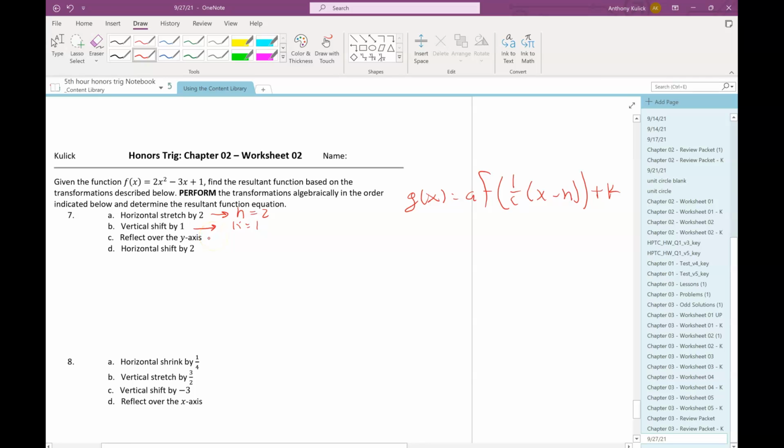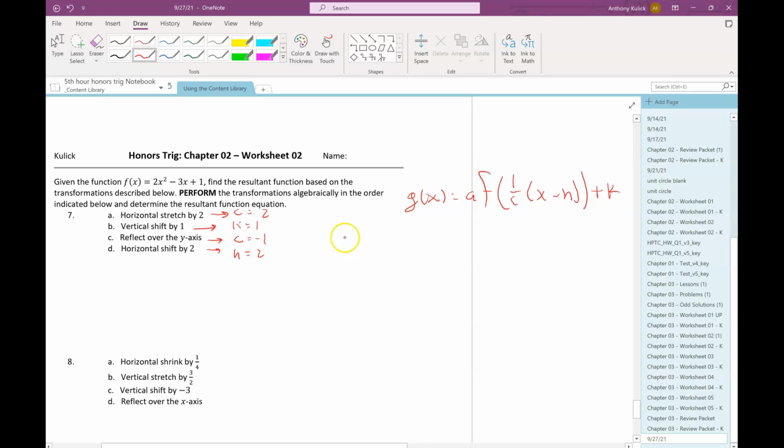Reflect over the y-axis is a C, and that's going to be -1 since there's no stretch associated with it also. And then horizontal stretch is a C value. Horizontal shift is an H value. So far, so good? Okay.